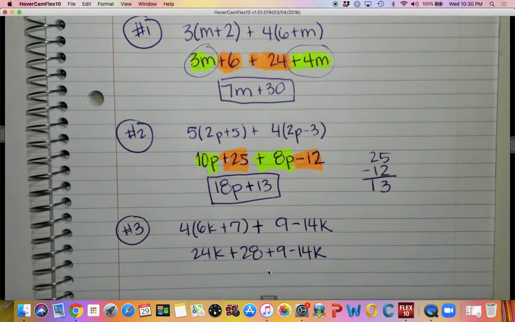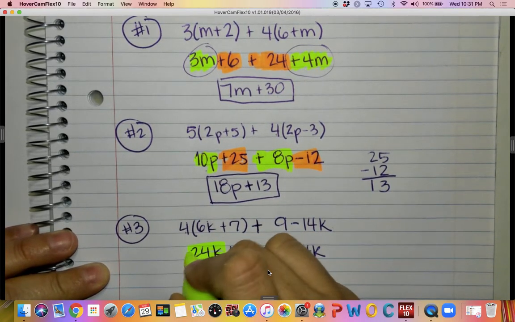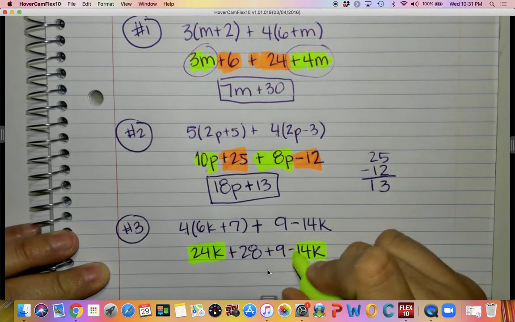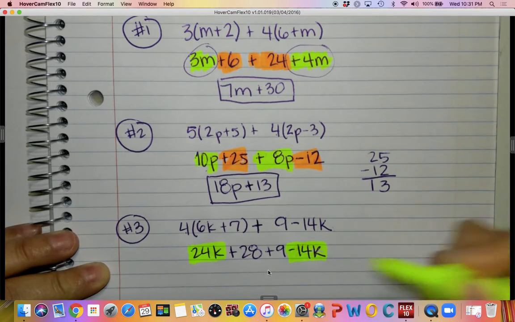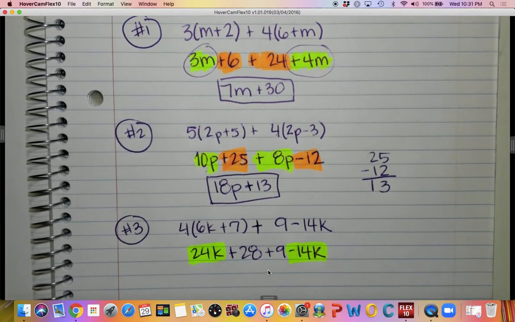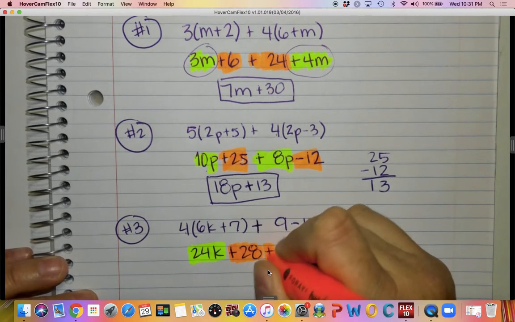Now I'm going to combine like terms. Here's my k here. It's 24k. Over here, my 14k comes with that negative sign, that minus sign. And then I have 2 positives.